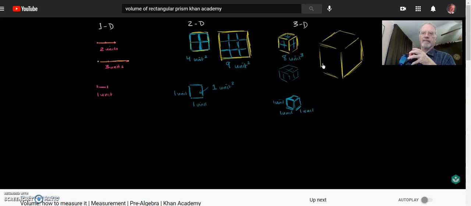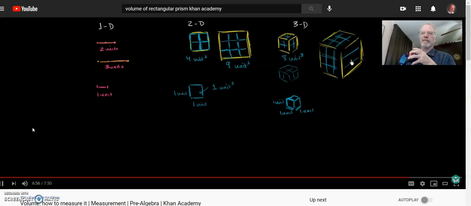What about here? Well, if we try to fit it all in, it's going to look something like this. Obviously, this is kind of a rough drawing.